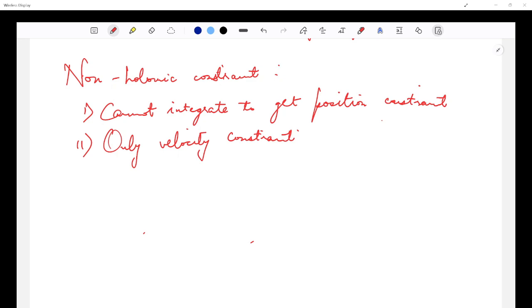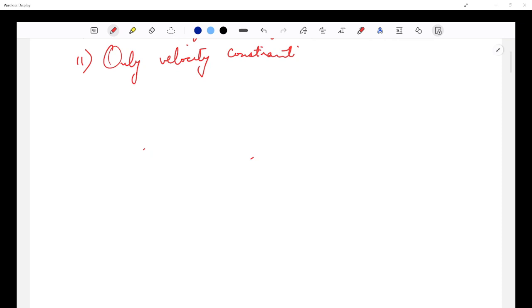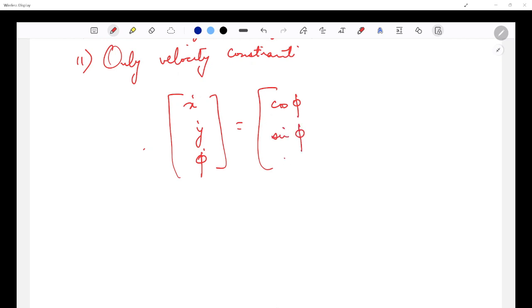Okay. So what is our final kinematic model that we have obtained from here? Let's write it as x dot, y dot, phi dot is equal to cos phi, sin phi, 0 times v, plus 0, 0, 1 times omega, right?